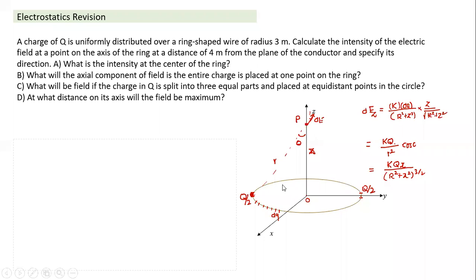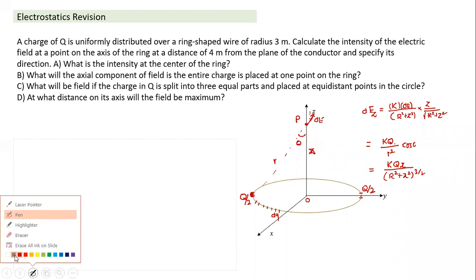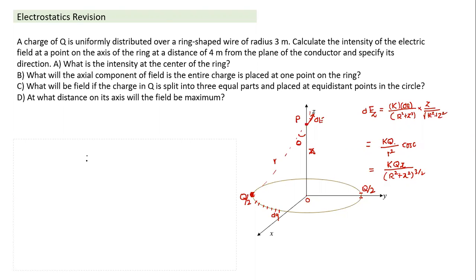Let me give an example. Suppose charge is like this. Let me draw a simple figure, and you should understand the reason also why it is so. In the xy plane, let me look from the top. So we are looking at the xy axis from the top, and this is the circle of radius r. We can always inscribe a hexagon in the circle.